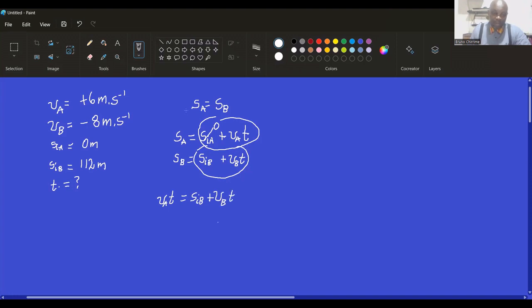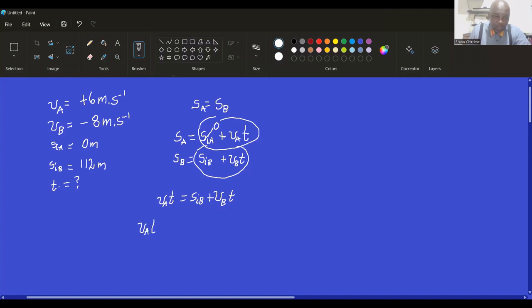Let's subtract from both sides of the equation V B times T. So we have V A times T minus V B times T all equal to the initial position of B.